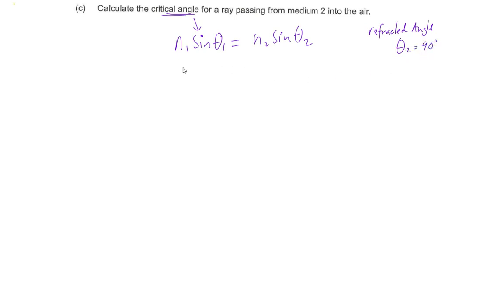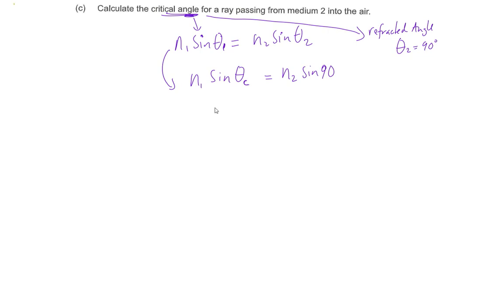So I'm going to rewrite it as n1 sine theta c, c for critical angle, is equal to n2 sine 90 degrees, because this is what the critical angle is. The critical angle is the angle of incidence when the refracted angle is at 90 degrees.